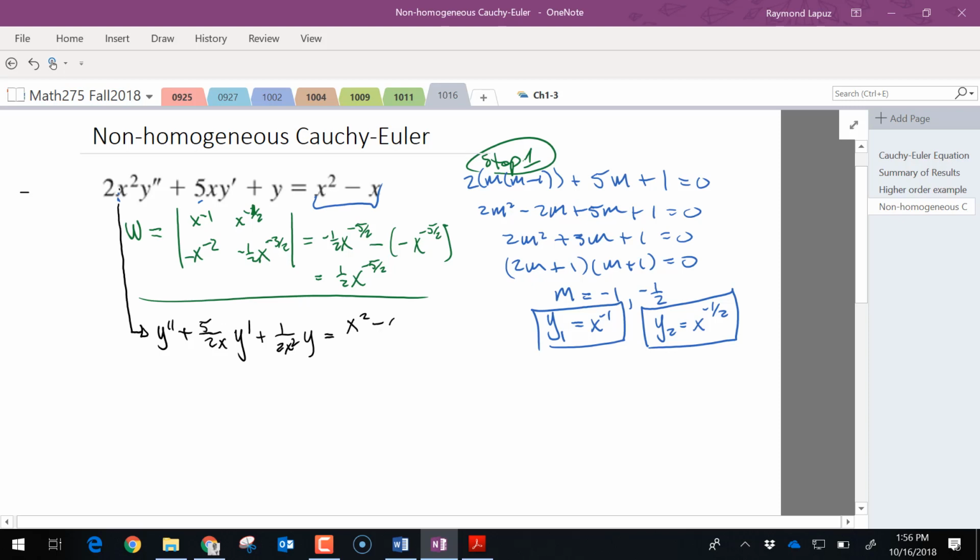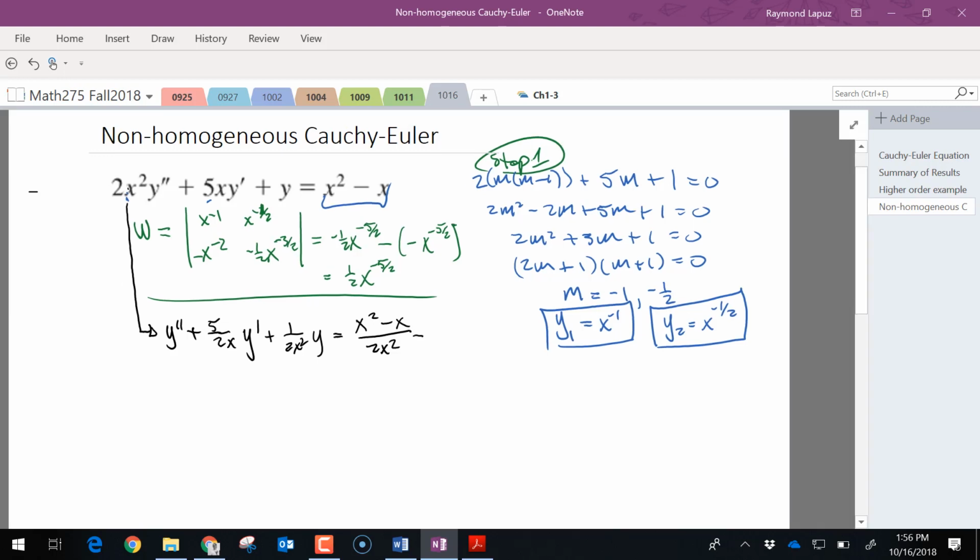So x squared minus x divided by 2x squared. Should we leave it as this? Let's see if we can simplify it. It should just be 1/2 minus 1 over 2x.